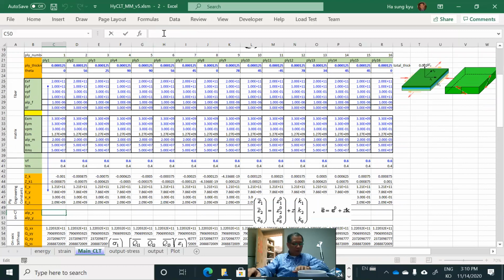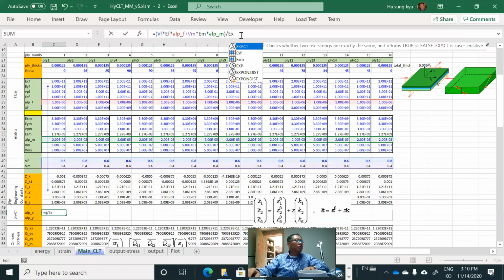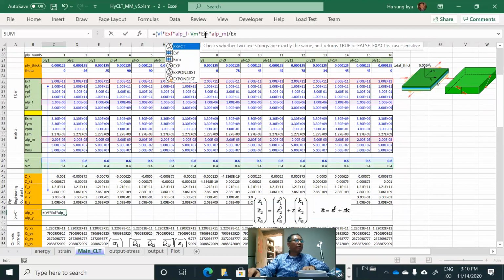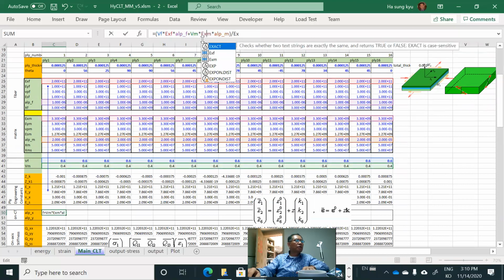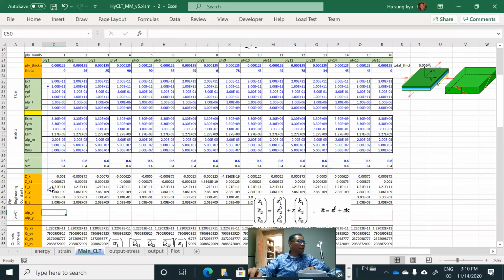So here I'm gonna write down, this is the equation we already have, and then we can change it as EXF, and this is gonna be just EXM, okay? EX is actually, we already calculated.